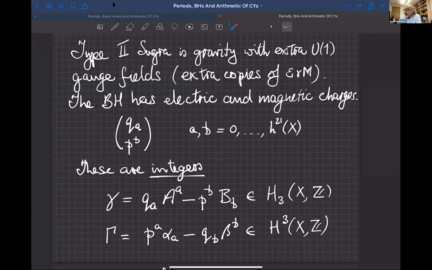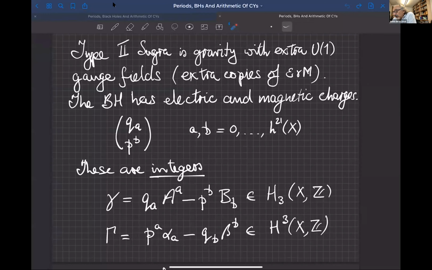Given that, it's natural to think of the charge vector (Q_A, P^B) as something that lives in the third cohomology. In terms of the cohomology basis that Xenia was using, we can write little gamma as Q_A A^A minus P^B B_B, and that is an element of H3 of X defined over the integers, quite specifically in this formula.